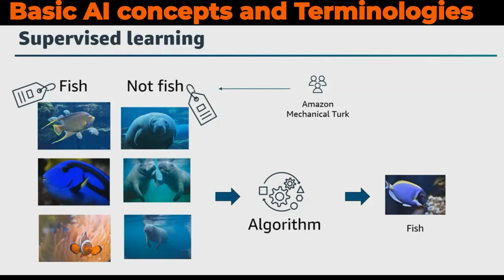To address this challenge, Amazon offers a labeling service, Amazon SageMaker Ground Truth. SageMaker Ground Truth can leverage a crowdsourcing service called Amazon Mechanical Turk that provides access to a large pool of affordable labor spread across the globe.